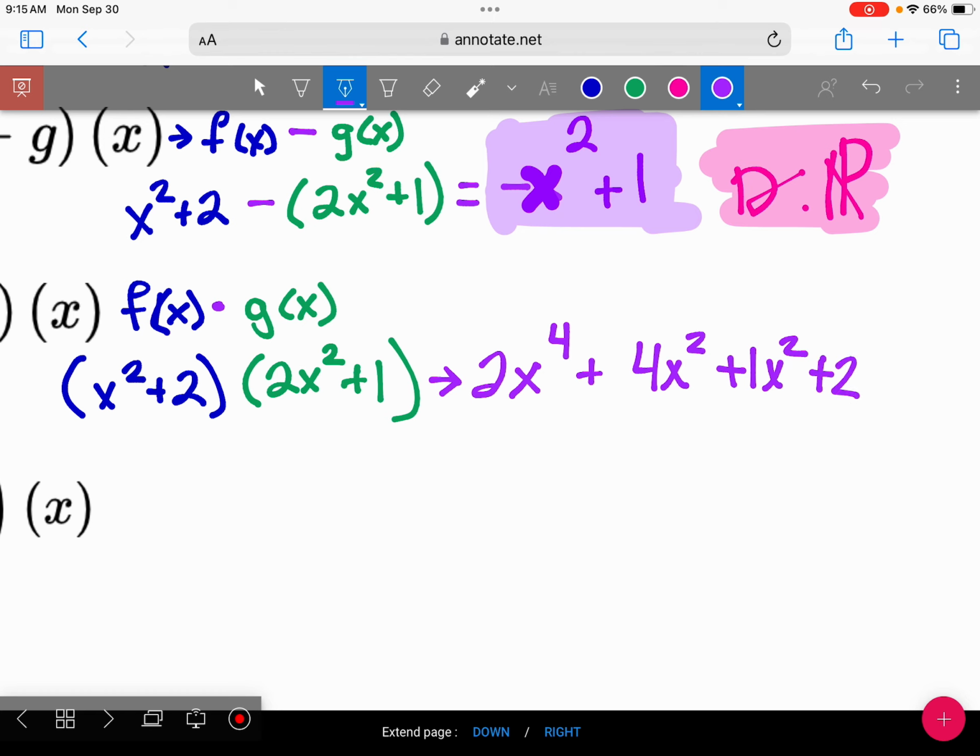So you can write it out that way. When we simplify that, we can combine together those middle x squareds to have our 2x to the 4th plus 5x squared plus 2.